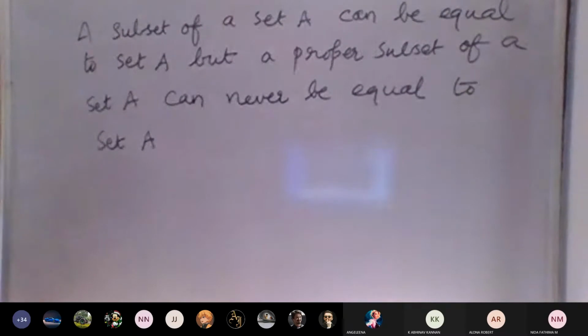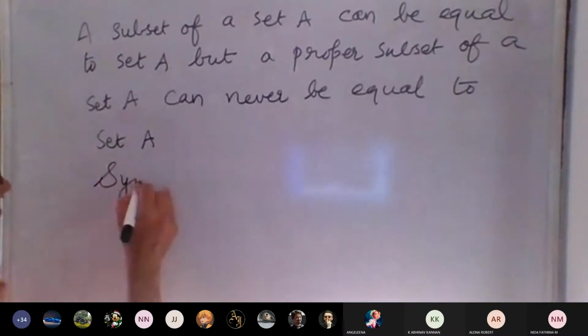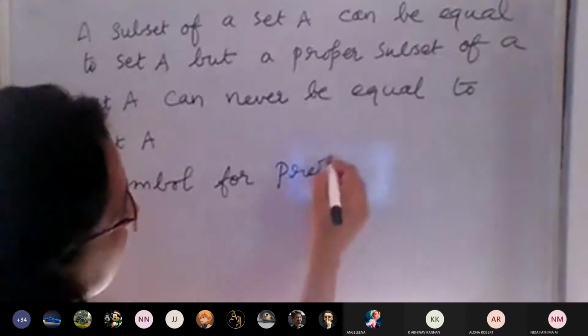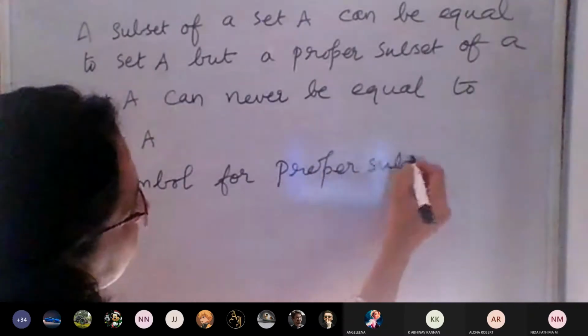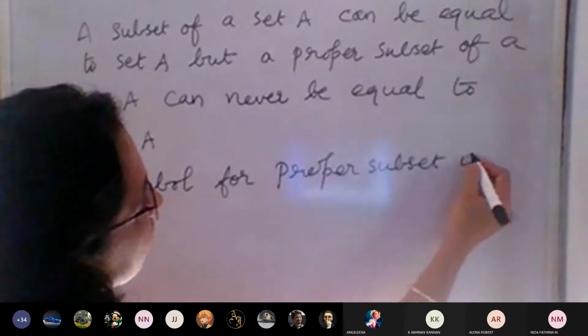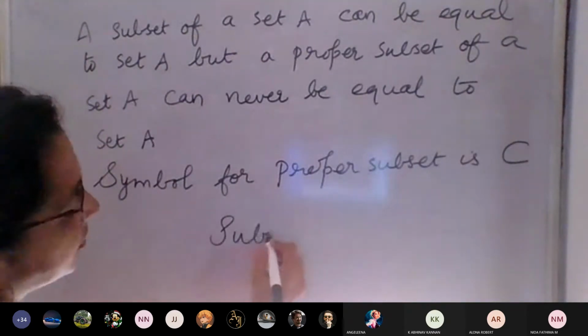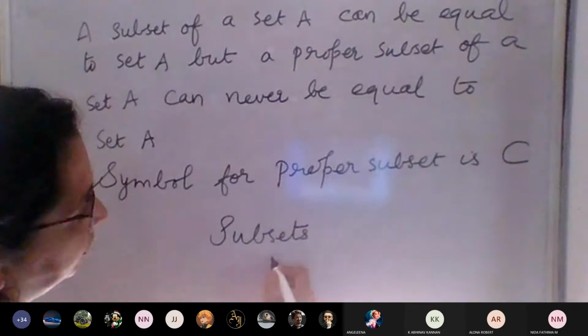Okay, then the symbol for proper subset is this one. Starting you wrote the side heading subsets, no?